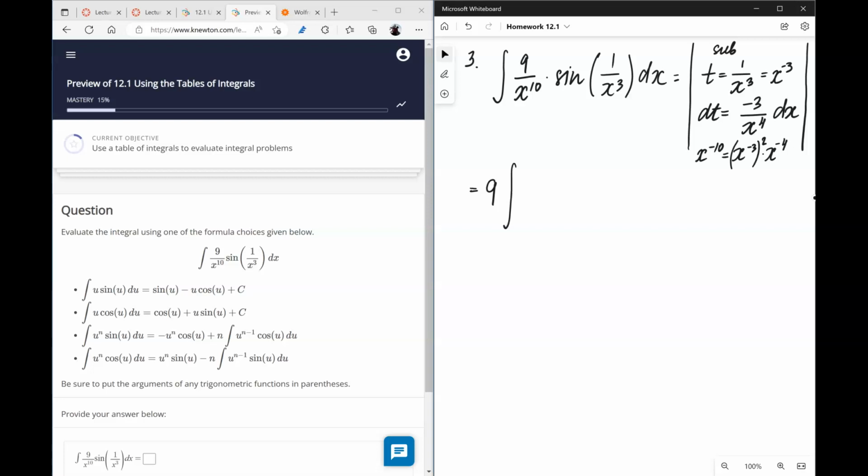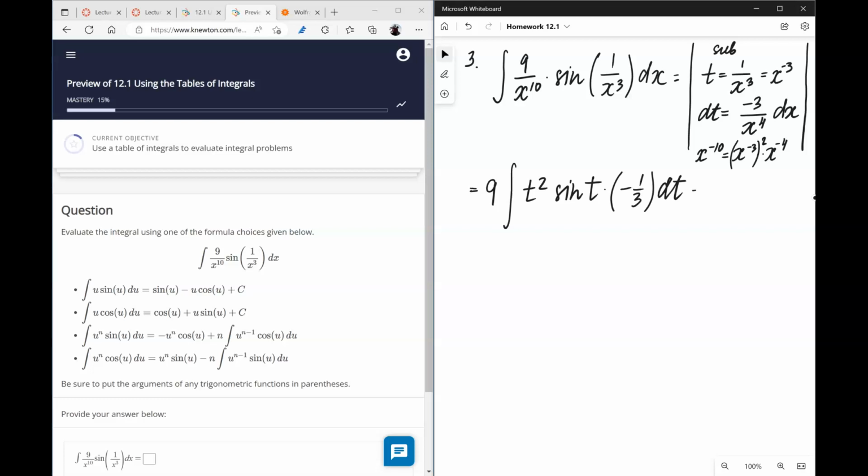So you should be able to see how 1 over x to the power 10 dx now becomes t squared. Actually, there is no 1 over t squared. It's just t squared. Here we have sine of t, and we don't have dx, but we have dt over negative 1/3.